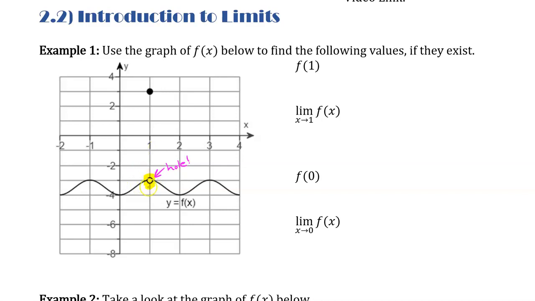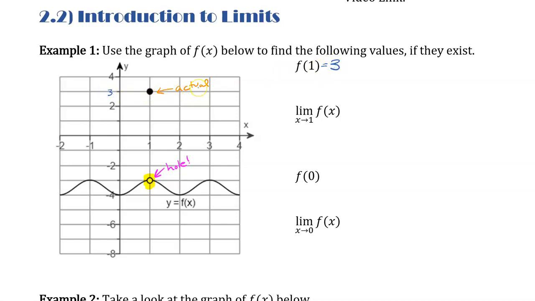Now, if you look up, you'll see a solid dot. This is the actual point of f of 1. So we jump from the hole to that lovely point there. So f of 1 is, well, the actual point occurs at y equals 3.